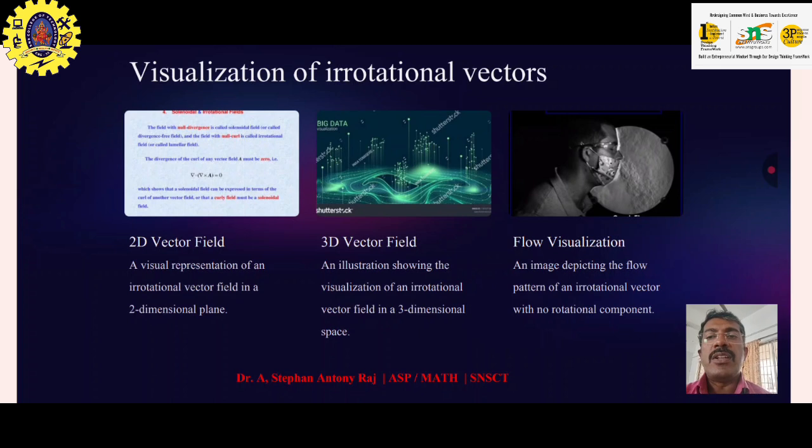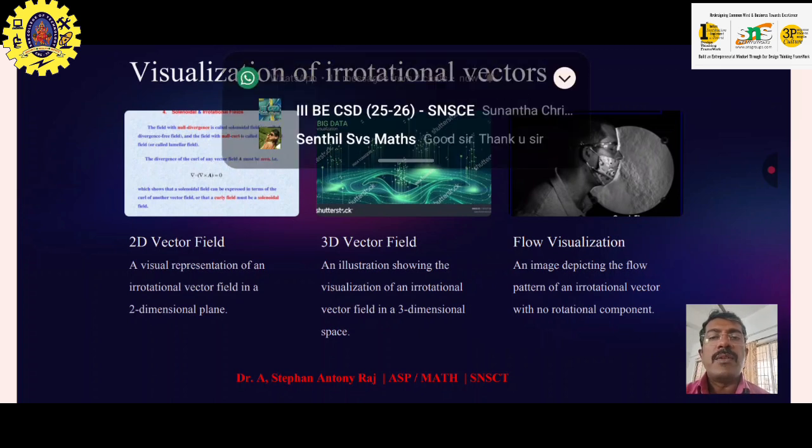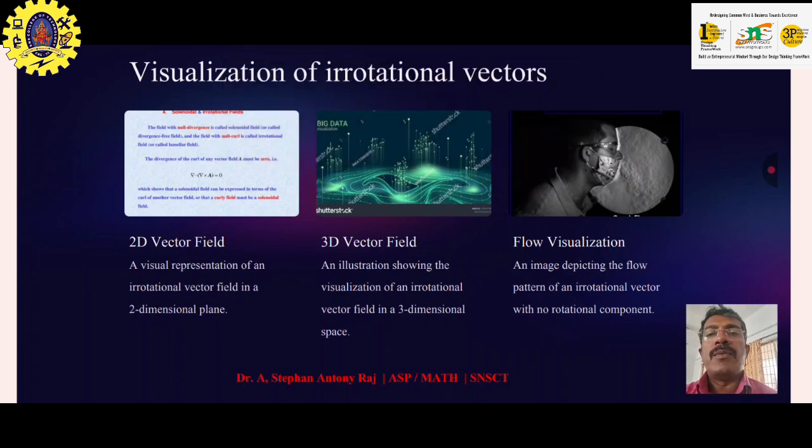I can illustrate the visualization in three-dimensional space, and also in fluid visualization I can work with fluid concepts, where the flow pattern of an irrotational vector can be visualized with no rotational concepts.